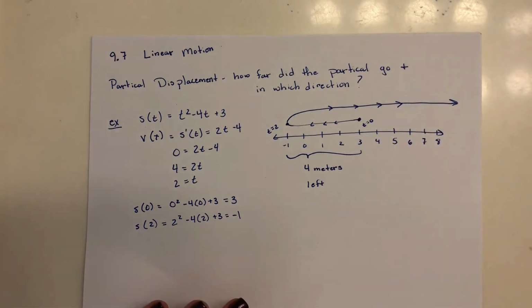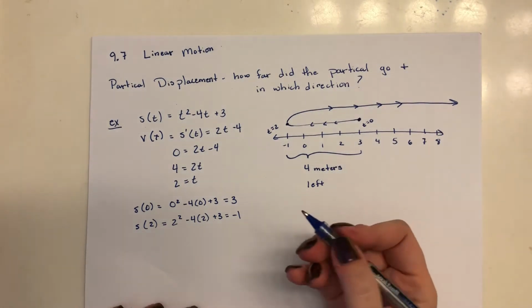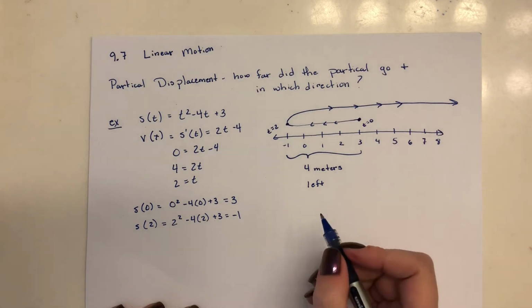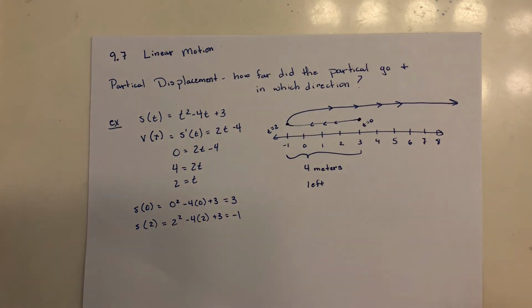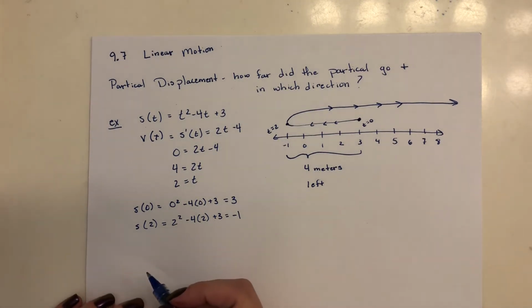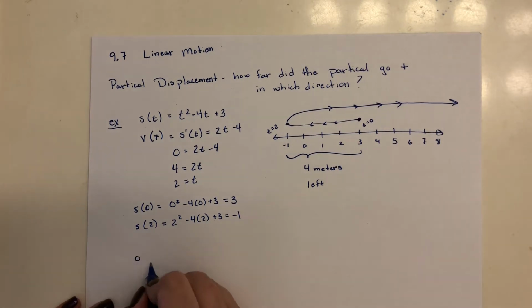Now, if I would like to know what the particle is doing between a certain time period, I can figure that out as well. The example in the book said, I would like to know what it's doing between time 0 all the way over to time 5 seconds.